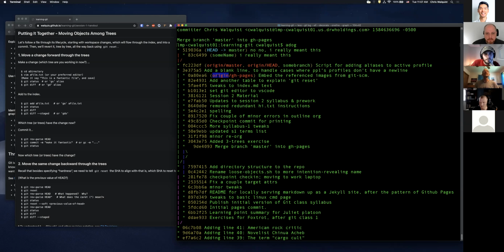But you can't check out origin master and make commits to it. It's just a representation of what's remote. We'll get more into remotes in the next session as we start to do some workflows. But that's what these reds are, and then here's another green. That's another local branch.